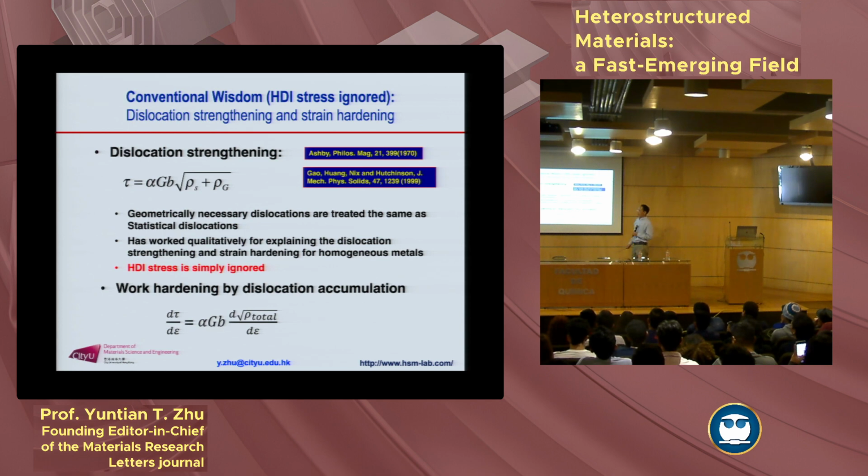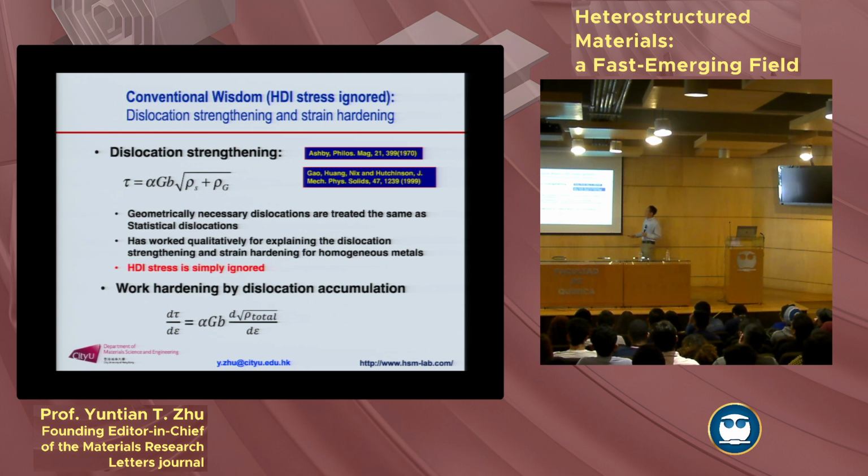So now you think about the literature, and metallurgy is not a new field. It has been there for over 100 years. And from our textbook, from literature, for those many years, we never thought about using this back stress, HDI stress concept to explain the mechanical behavior. It seems okay.